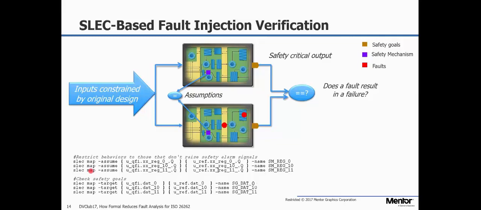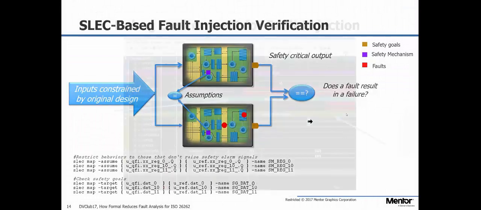In our tool we have just a list here, automatically produced by the tool, where we filter out all the paths that are detected by the safety mechanism and check only the paths that can violate the safety goal.